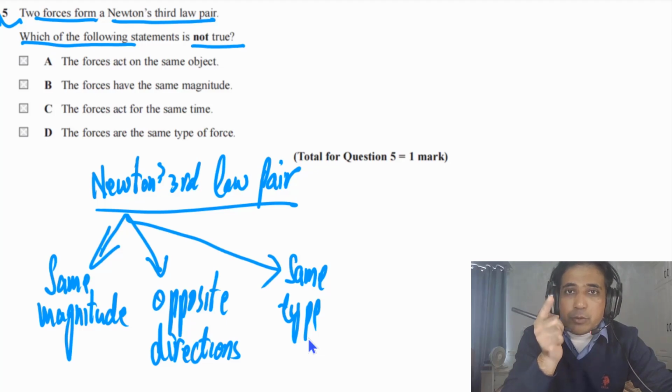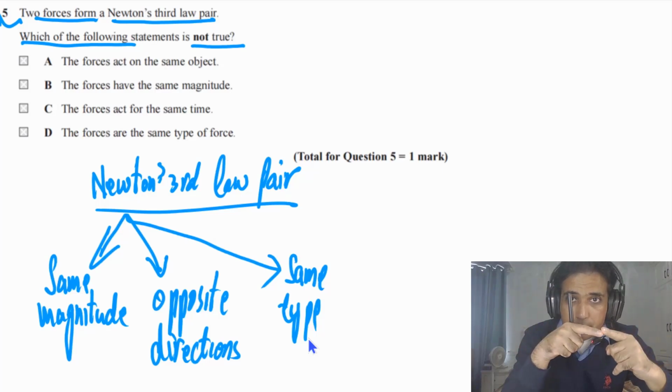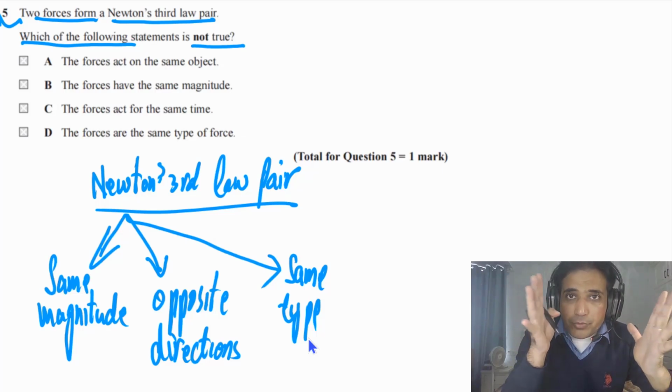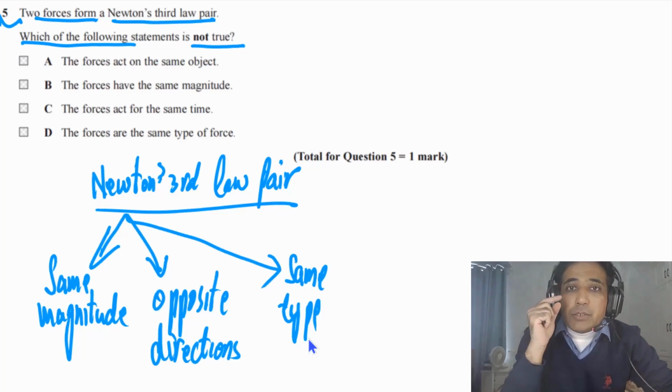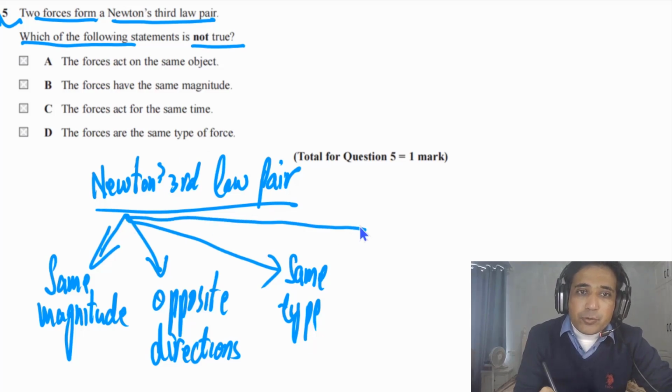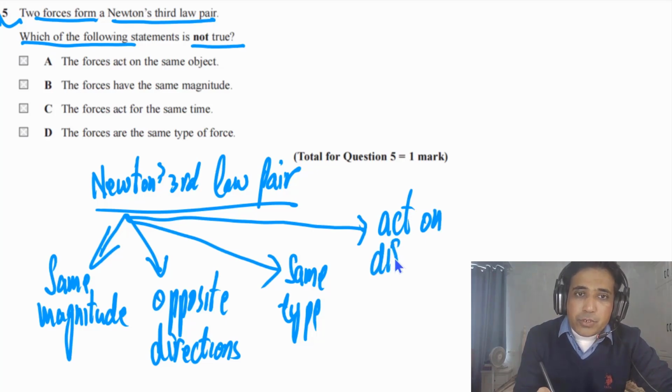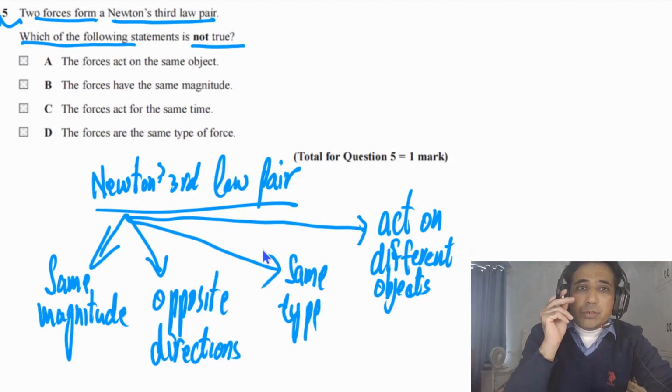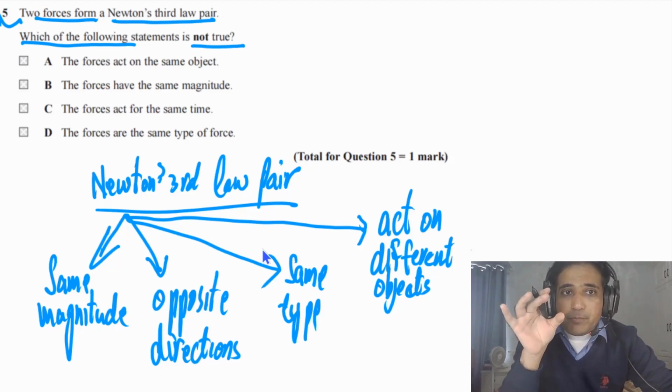If two forces form a Newton's third law pair, they can be both gravitational, or they can be normal reaction force, means the pushing forces, but they cannot be of different types. And the fourth one, act on different objects, not on the same object. So this is what you need to understand for Newton's third law pair. If these conditions are fulfilled, then two forces will form Newton's third law pair.